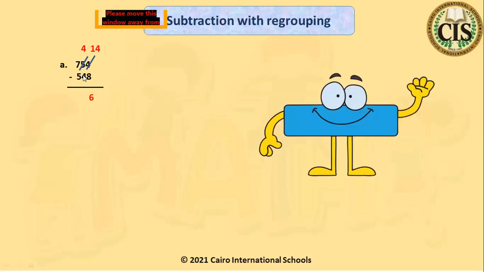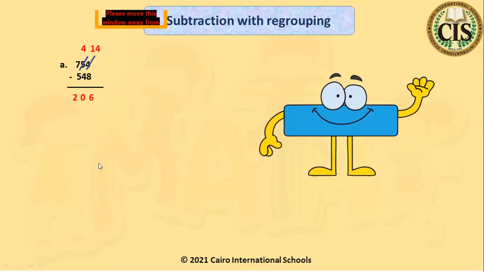4 minus 4 equals 0. 7 minus 5, after 5: 6, 7. How many fingers? 2. So 754 minus 548 equals 206. Very good, excellent.